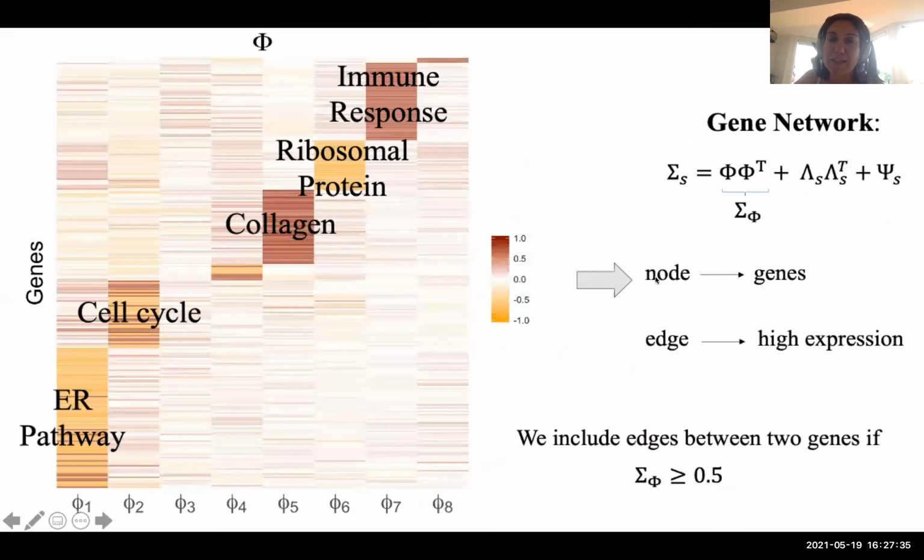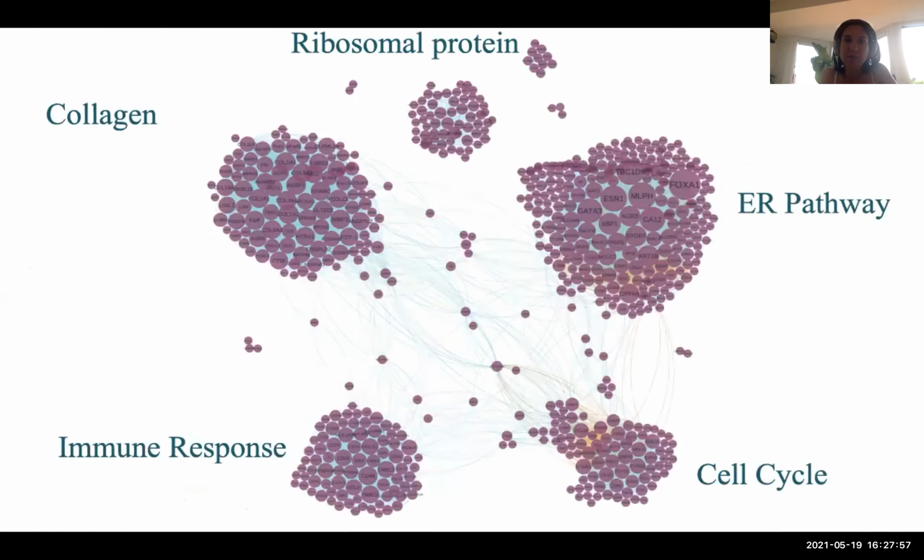And here what we can see is that each node is represented by a gene, and each edge represents a high expression between these two nodes. And we include an edge between two genes if the common covariance matrix is greater than or equal to 0.5. So that's the graph, the gene expression network that we found.